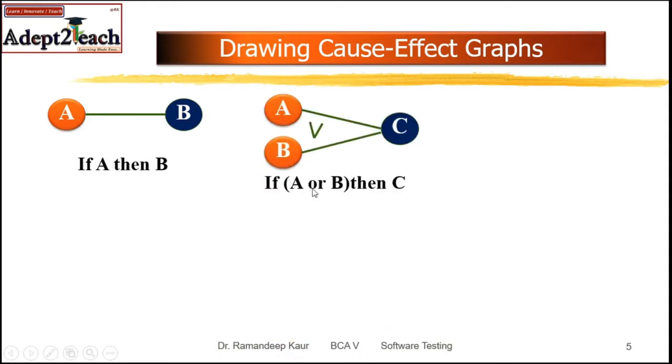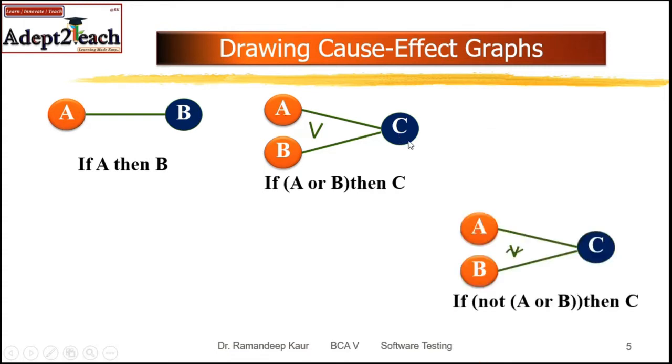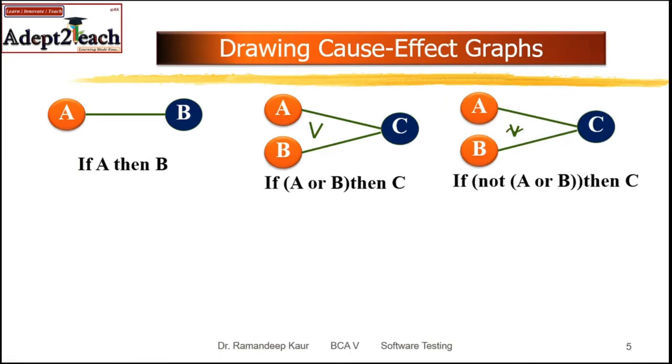Second is if A or B, then C. That means now we are talking about or. So if either of the two conditions exists, then the output will be C. The third type of method used to connect causes and effects would be if not A or B, then C. See, on the left hand side, I am writing the causes and on the right hand side are the effects.